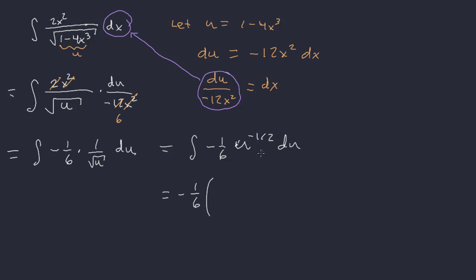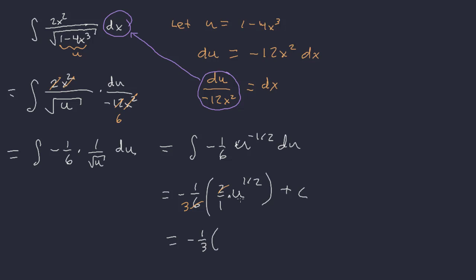Then the integral of u to the negative 1/2, well, when we add 1, we'll get 1/2. And then when we multiply by the reciprocal, we'll get 2 over 1. And we have some more cancellations, right? The 2 cancels with the 6 and leaves a 3. And so we'll get negative 1/3.